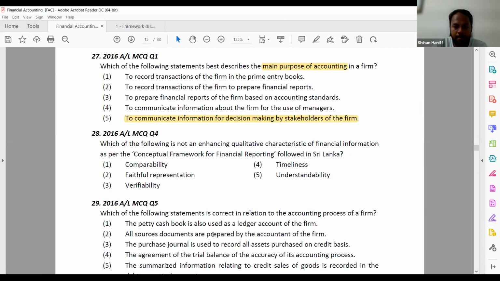Question 27, the answer is 5. So everyone got the correct answer. Good.